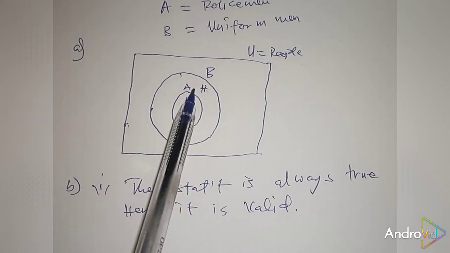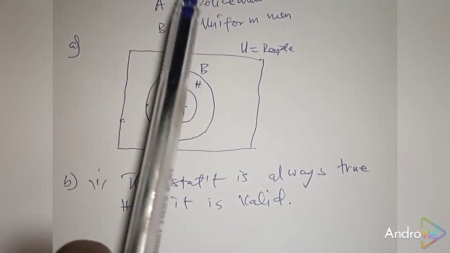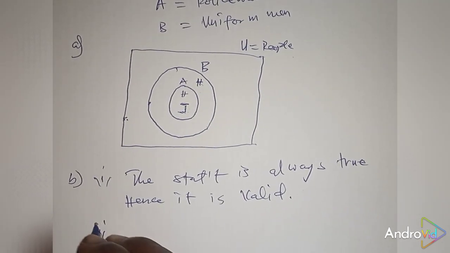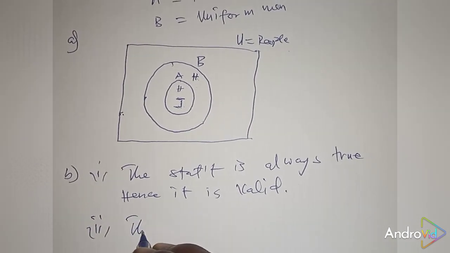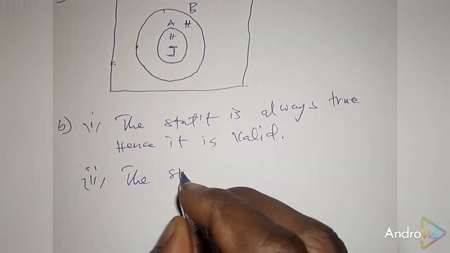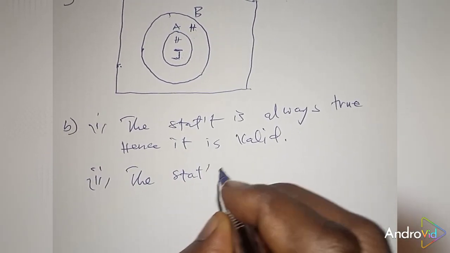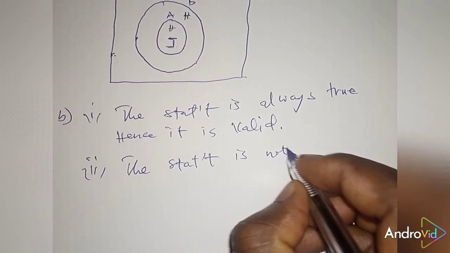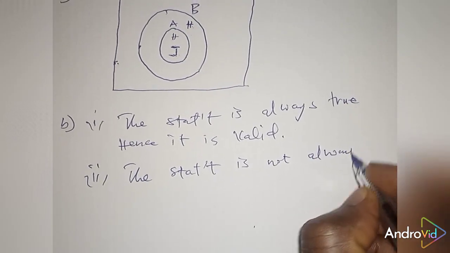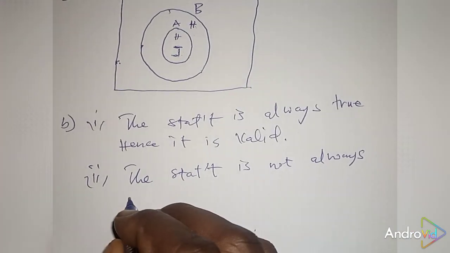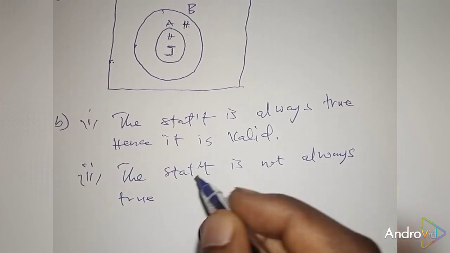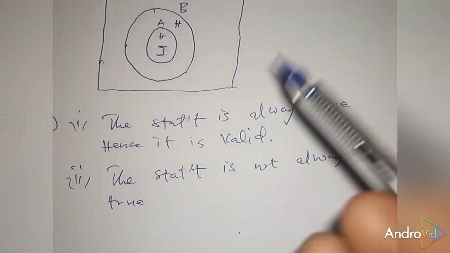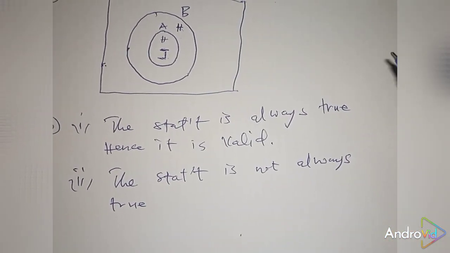So we can say that that part of the statement is not always true. So the II, you can see that the statement is not always true, because if he's in uniform, he can be either a policeman or he can be a different person, right?